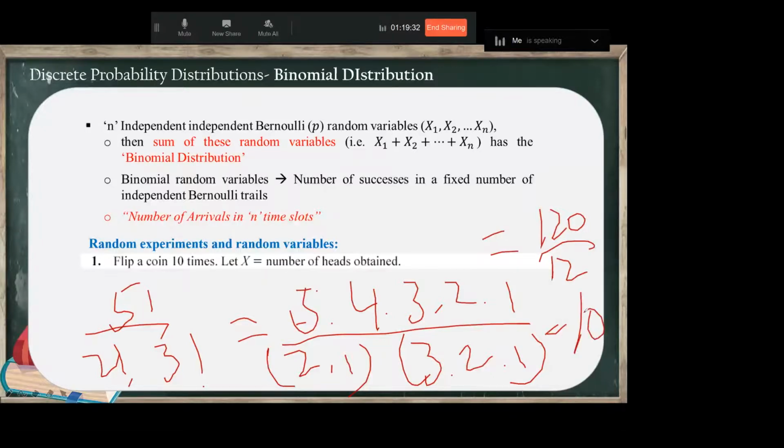So 5C2 is 10. So these are the combinations. This is the formula of combination. So remember this. This formula I'm going to rewrite again here.